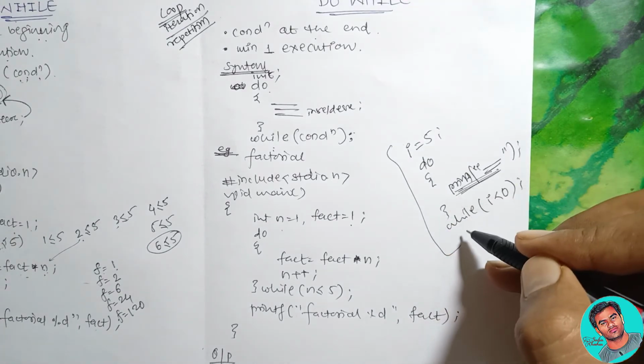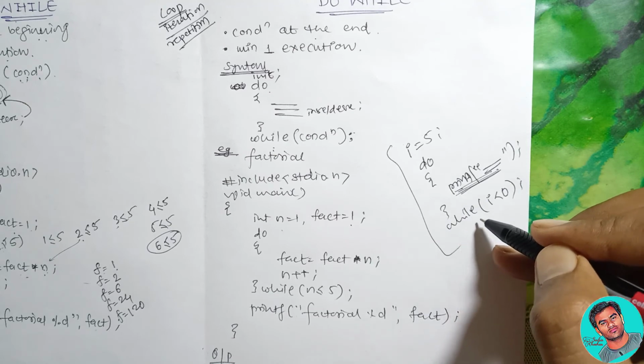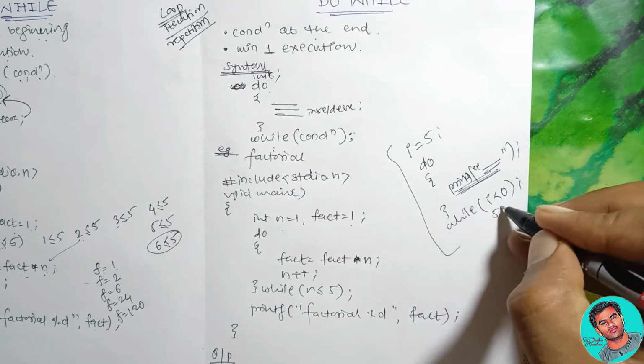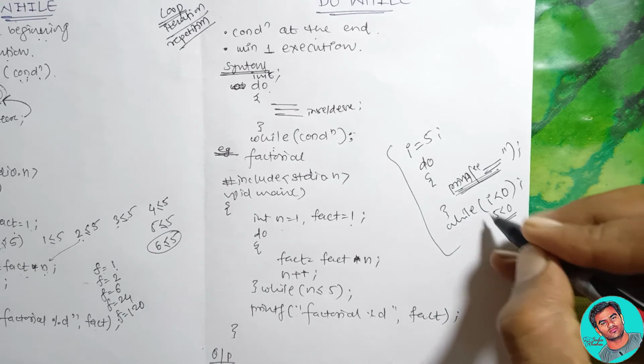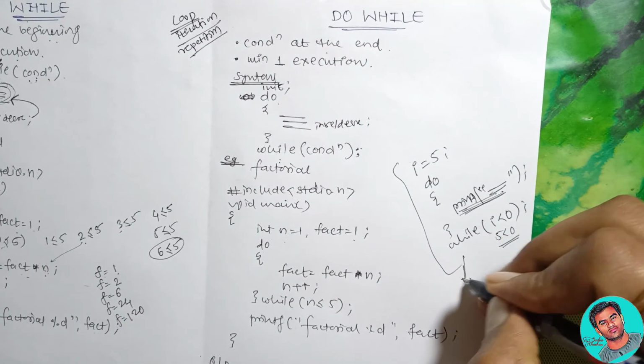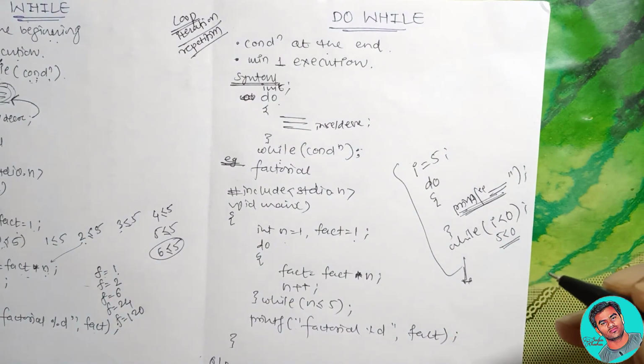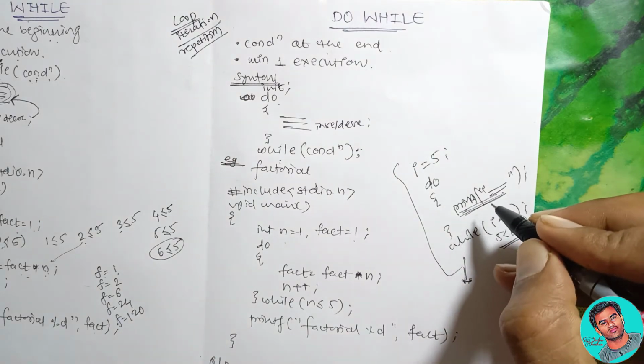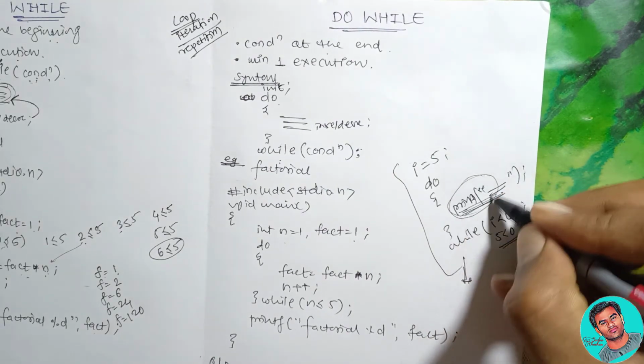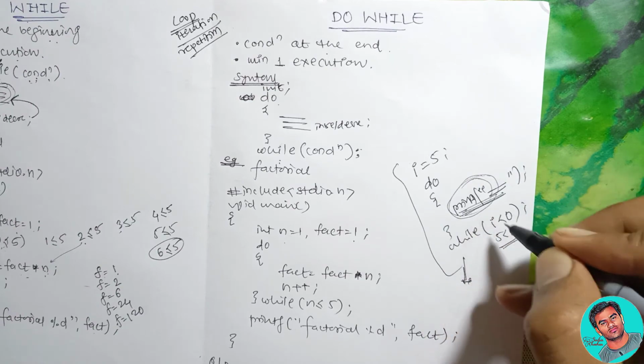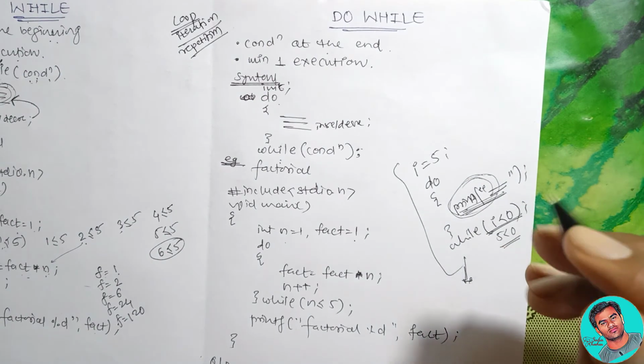Then it checks the while condition: 5 less than 0, that condition is false. Now it will execute the next statement, but this printf got executed once though the condition is false.